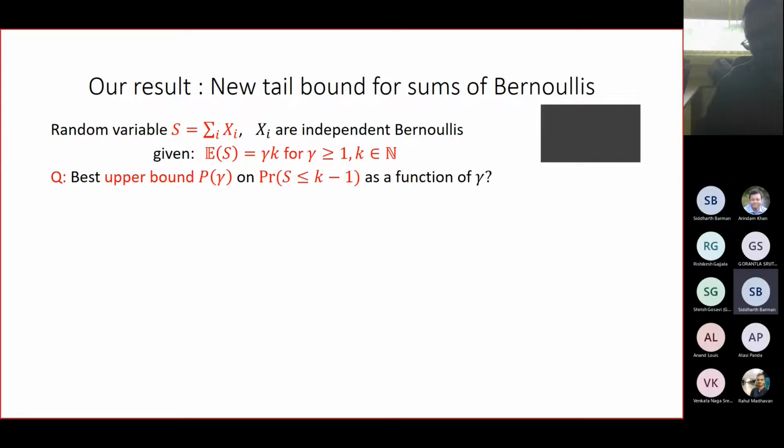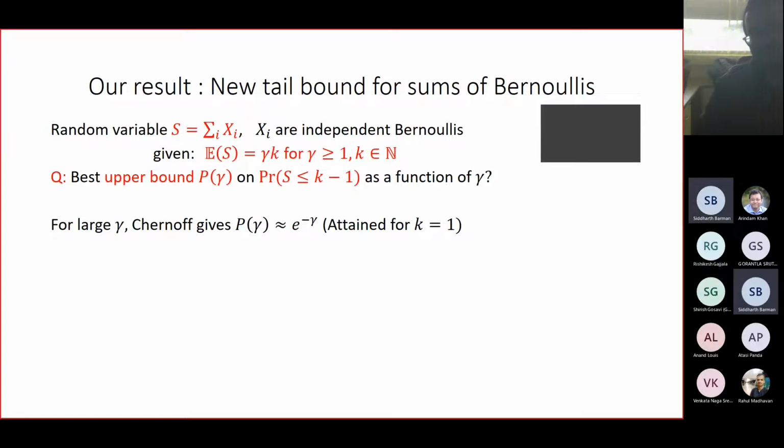But if k is large, then it's not so clear anymore. Okay, I see. So that's really the open question. So let's throw what we know at it. All of us know Chernoff. And very close to k, something like anti-concentration would tell you that it won't fall very quickly, right? Yeah.